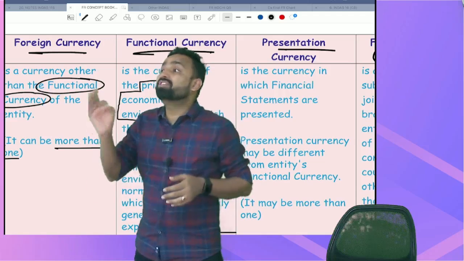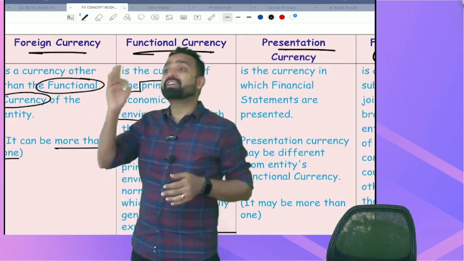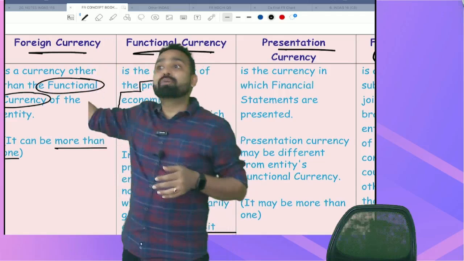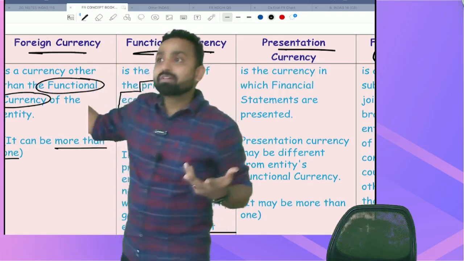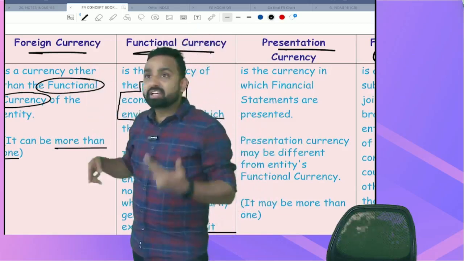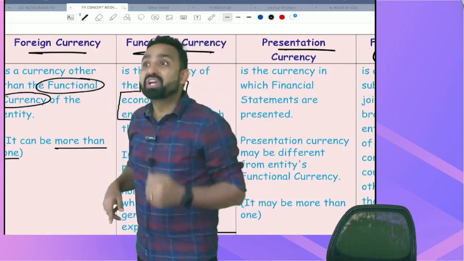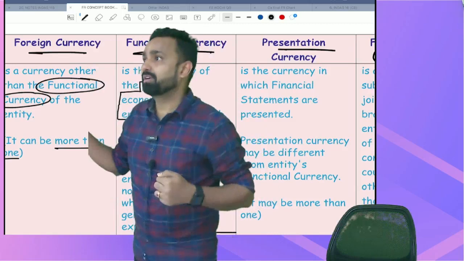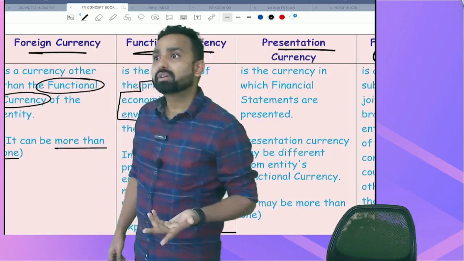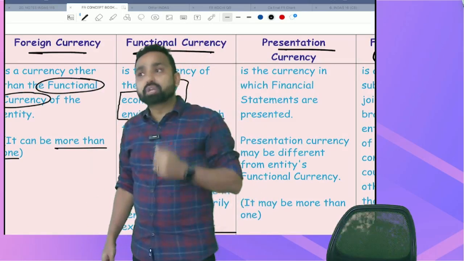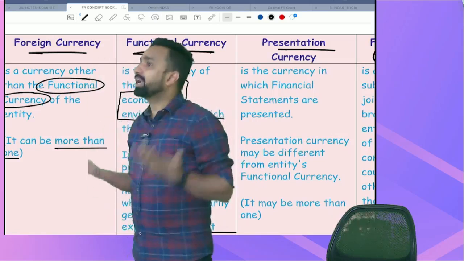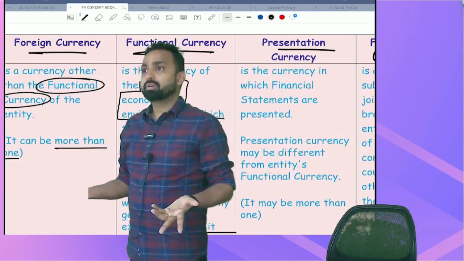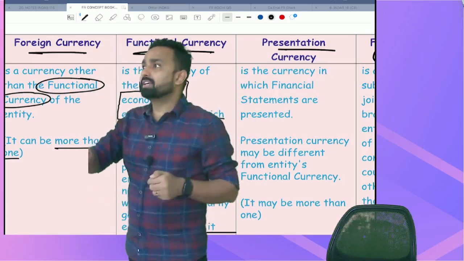My entire revenue is coming from which economic environment? Which economy? US. Technically, I can say that my company is totally dependent on the US economy. Say na guys, my company's business is totally dependent on which economy? US economy, because all my clients are from the US.